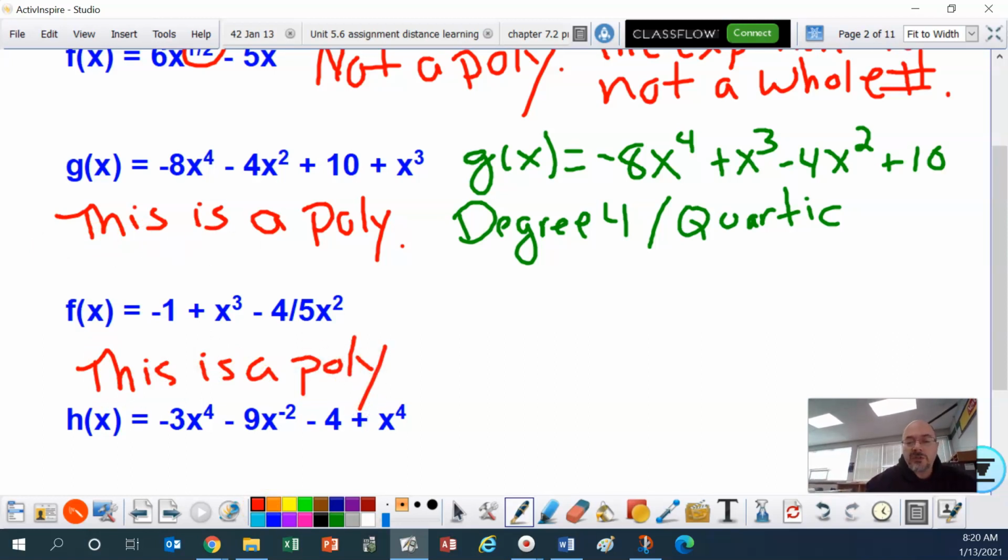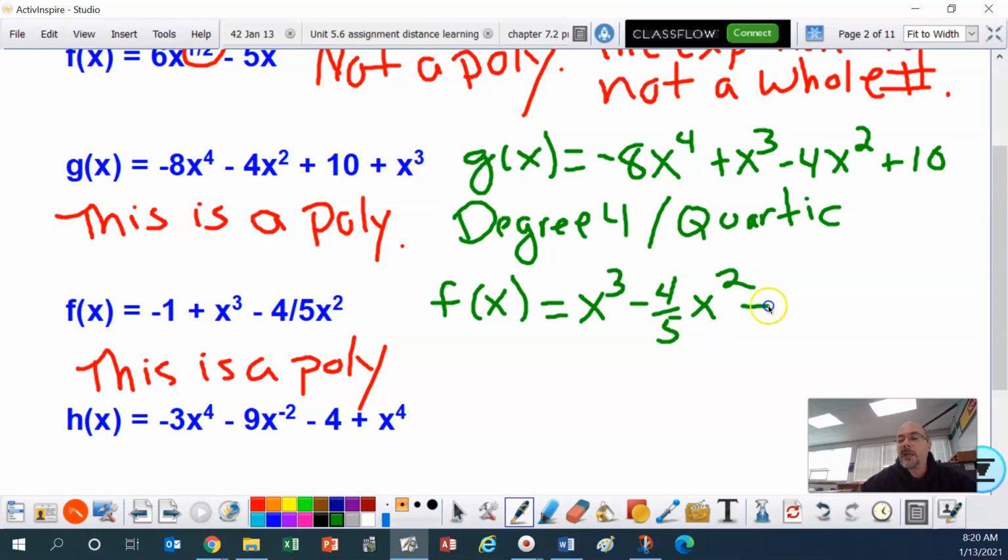Now I'm going to put it in standard form. So this time I'm going to go f of x equals, again, highest degree to lowest degree. So x cubed minus 4/5 x squared minus 1, or you could put plus -1 there. This is degree 3, and that is cubic.